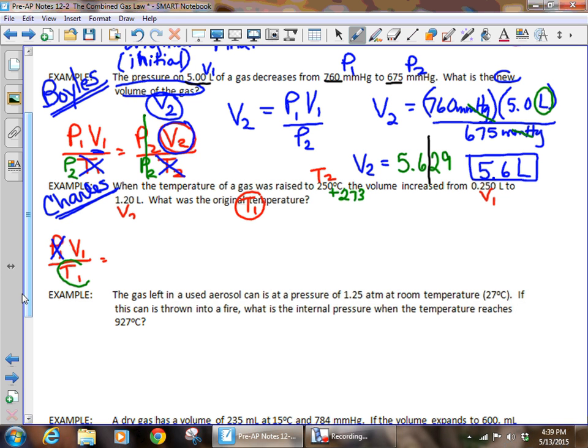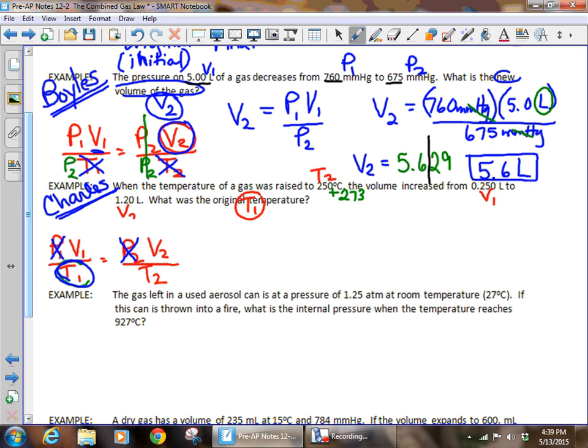That was probably a bit confusing when I did it that first time, but hopefully you realize now we're supposed to be solving for T1. That's still going to be marking out our pressure values. So again, we're solving for a bottom variable, T1, not V2, T1.